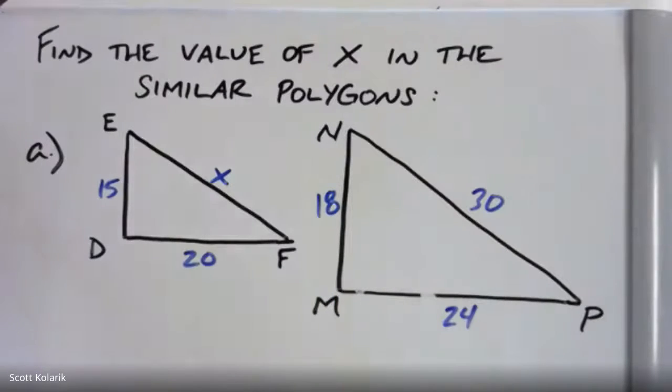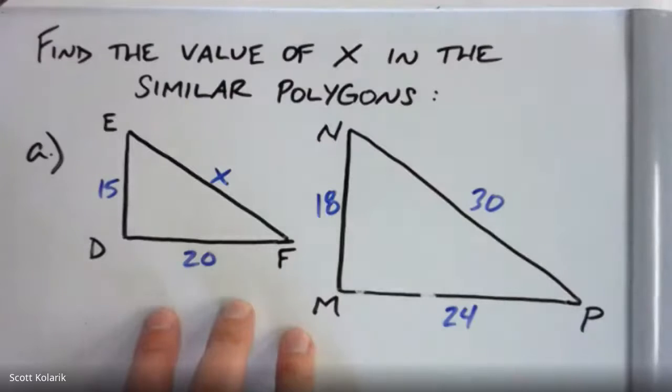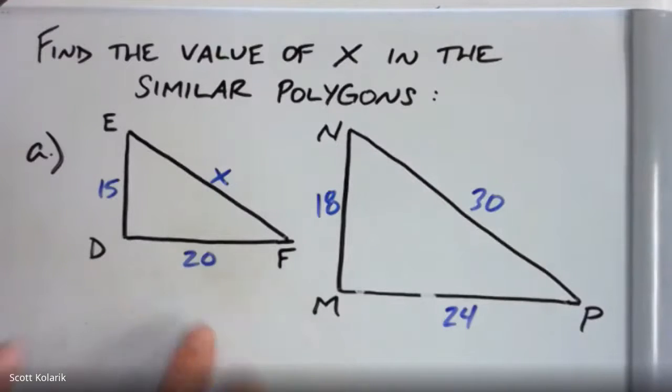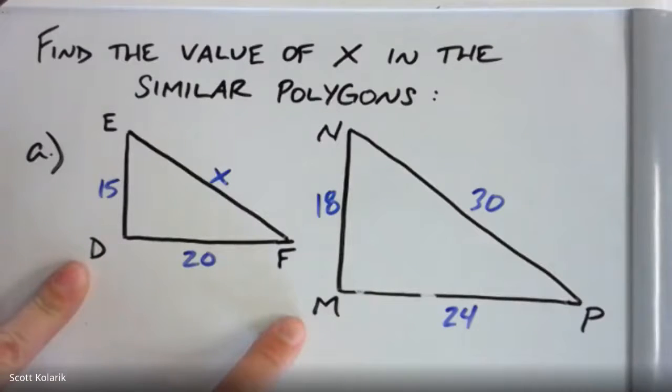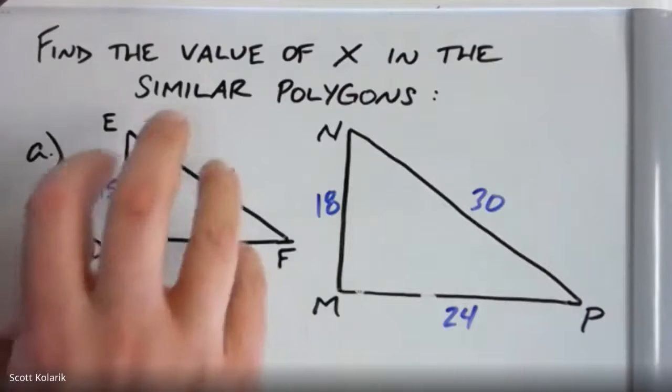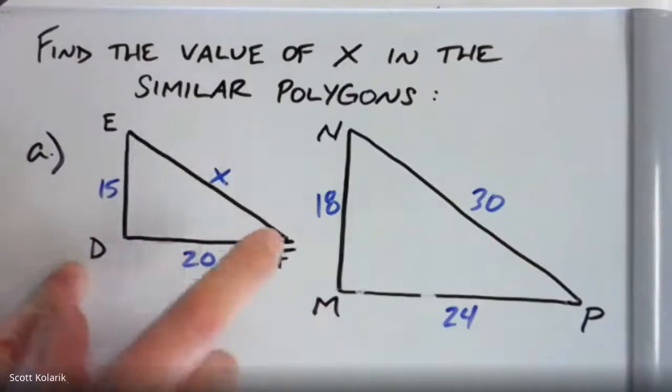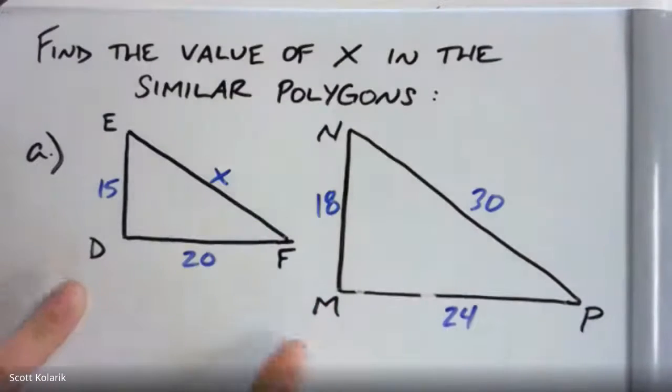But in any case, whether it's a triangle or a more complicated shape, the corresponding angles have to be congruent. For instance, angle D and angle M here are corresponding angles. They are in the same relative position in each triangle. So if I were to magnify this smaller triangle and put it on top of this one, angle D and M would line up. And those corresponding angles have to be the same measurement in degrees.